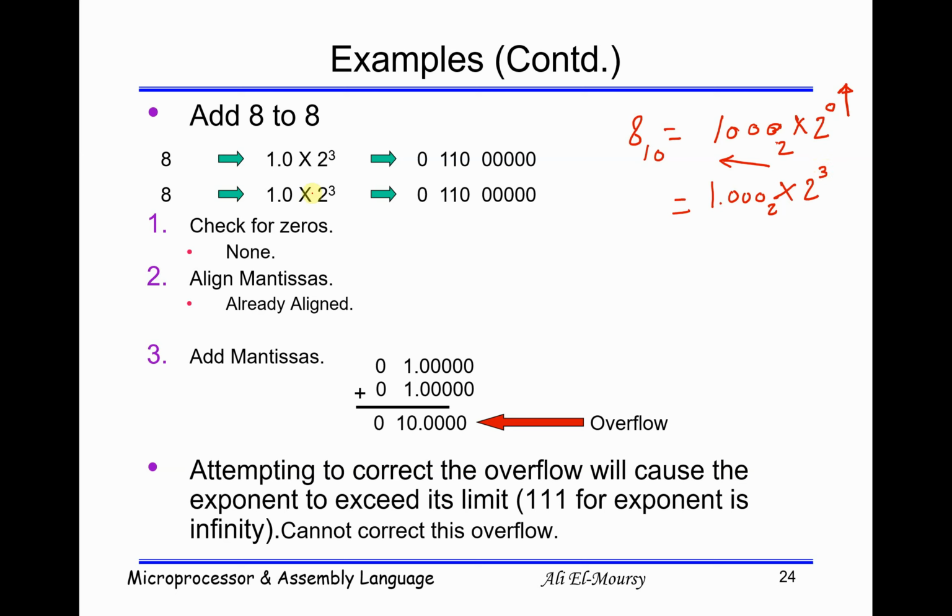So this is the number that we have here, 1.000 multiplied by 2 to the power 3 for both of the numbers. How can those be stored?